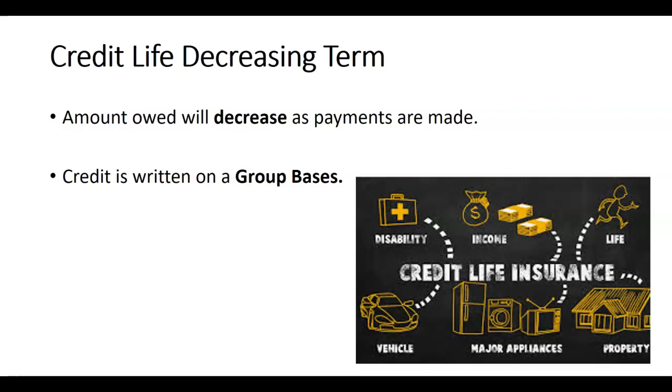So you have a mortgage, or you have medical bills or something like that you're trying to pay down. You can have a credit life, so you're paying down that debt. Every time you make a payment on your premiums, that is helping you pay down the debt that you owe. So credit life is written on a group basis.